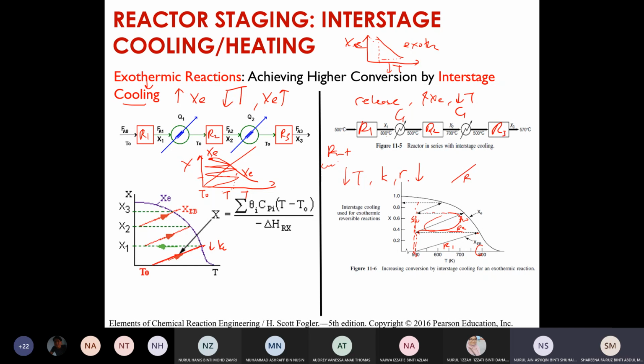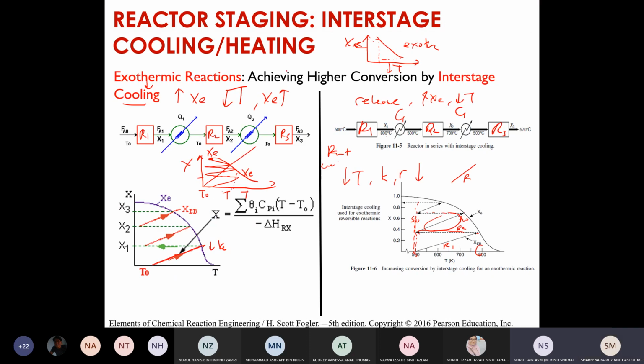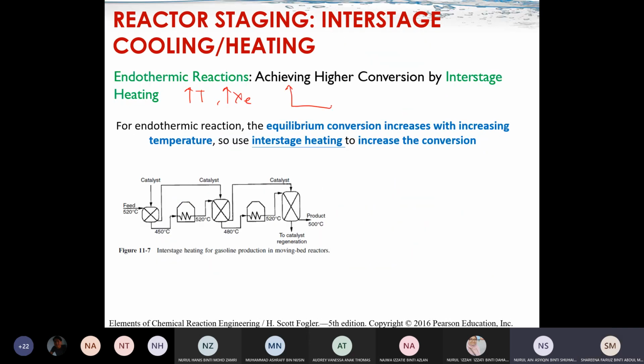For endothermic, the way to achieve higher conversion is by interstage heating, because it requires high temperature for a high XE. So it is the inverse of this one.